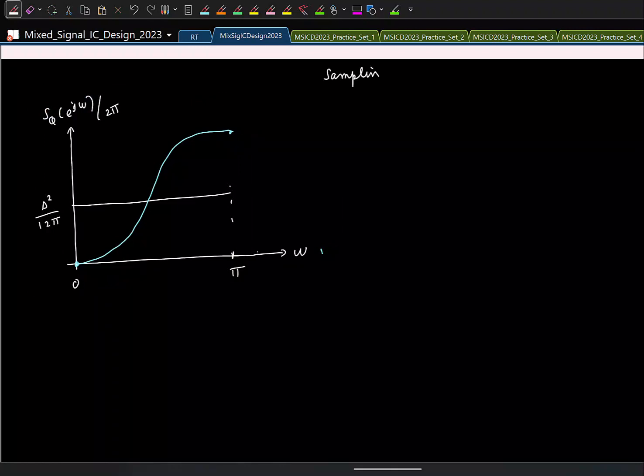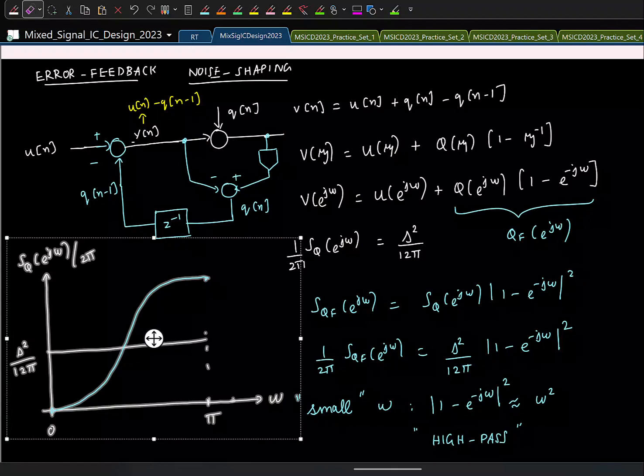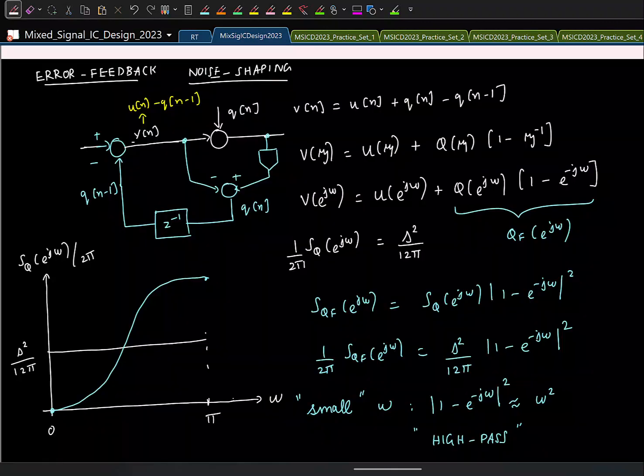Let me write it here explicitly. In the original system, I am going to sample my signal at a rate of fs. This is u of t. Don't confuse it with unit step. This is a messed up notation, but yeah.